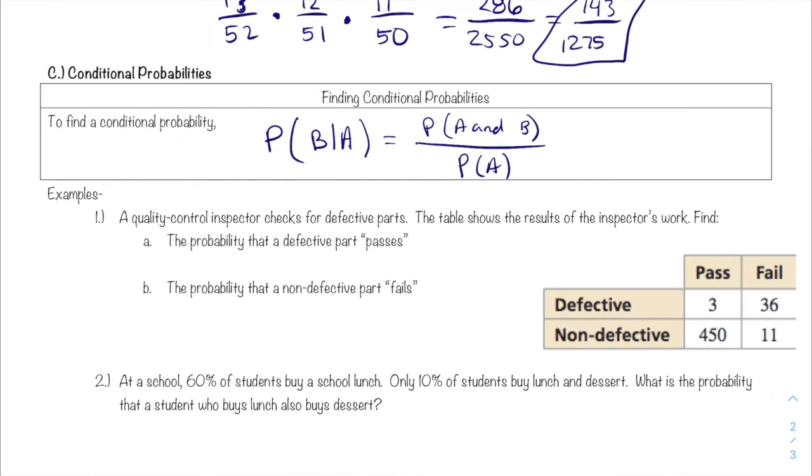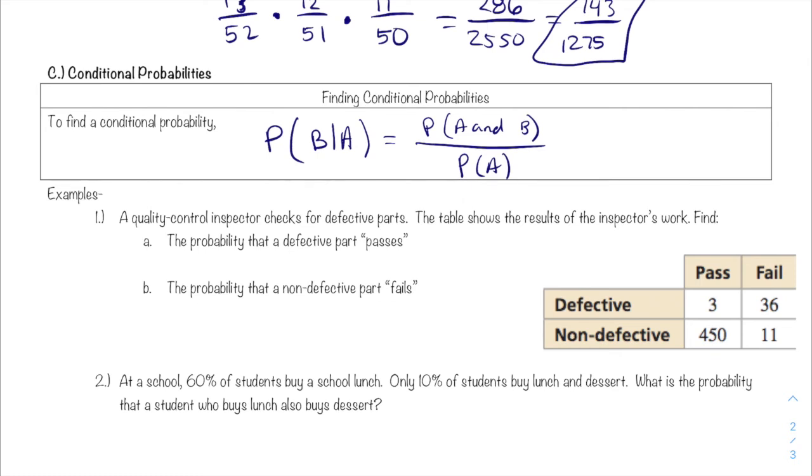Again, that is just the math jargon. It's probably going to be so much easier for you just to understand what you're doing here, and you won't even think about that at any point. So you don't need it. So let's look at these examples to find conditional probabilities.